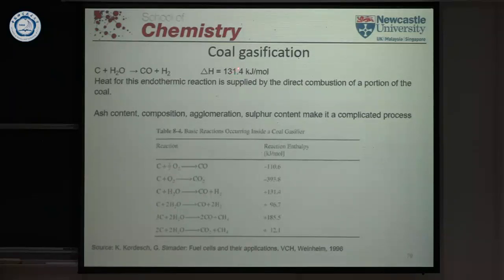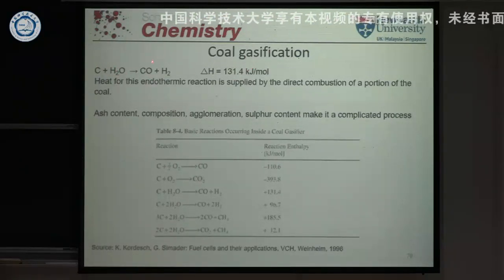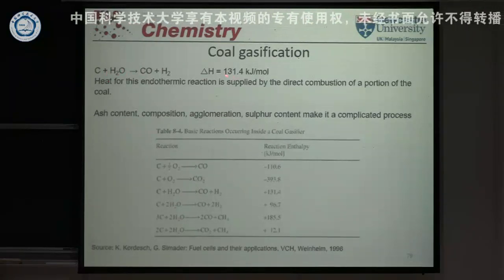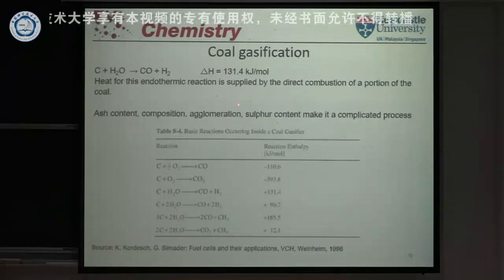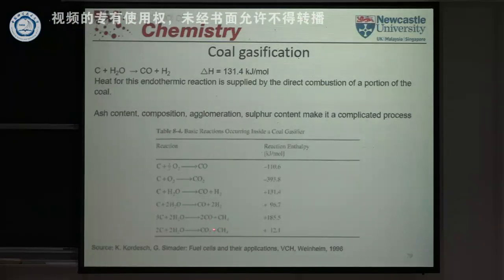And you see this is also an endothermic reaction, so you need to supply heat, but usually this is done by burning part of the carbon here to provide the heat for this reaction. So this is the list of different reactions that can occur when you do coal gasification. And that immediately shows you that it's very desirable to do this reaction, but it's also fairly complicated.